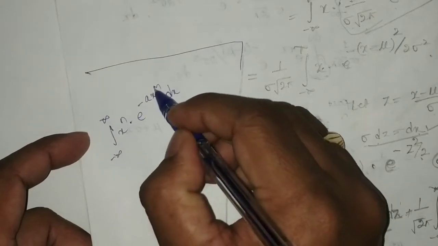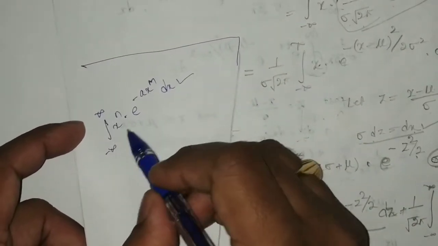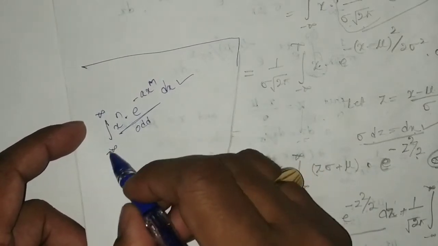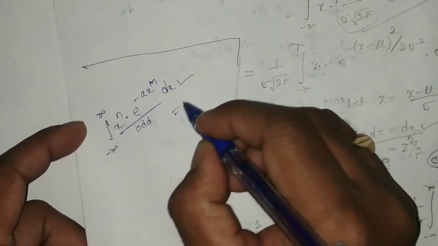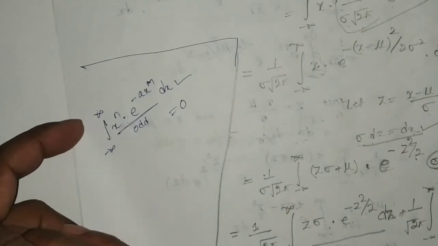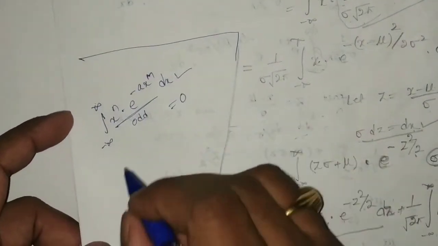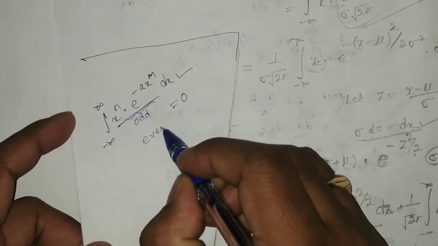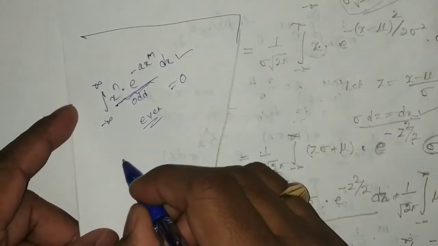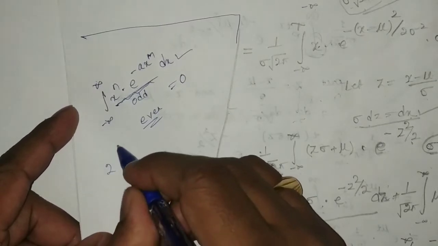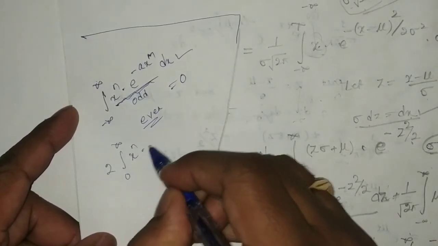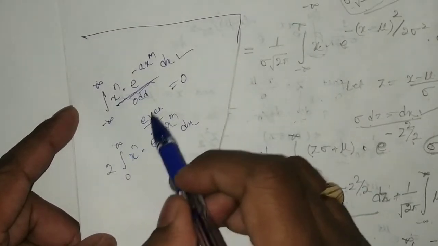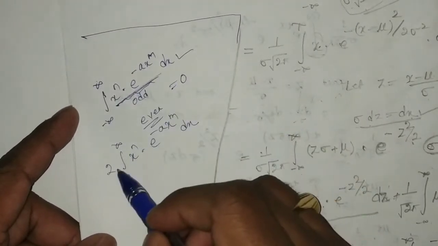Suppose in this format we have the integration, and this function is an odd function, then with limits minus infinity to infinity, directly I can write 0, right? Now if this function is an even function, then this can be written as 2 into 0 to infinity x to the power n into e to the power minus a x to the power m into dx, right? Only if it is even, then we can write 2 into 0 to infinity.